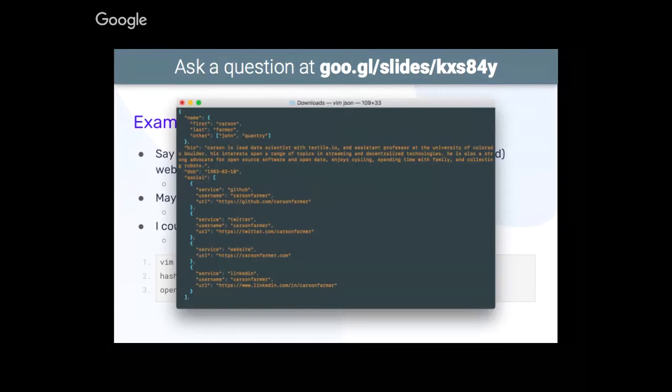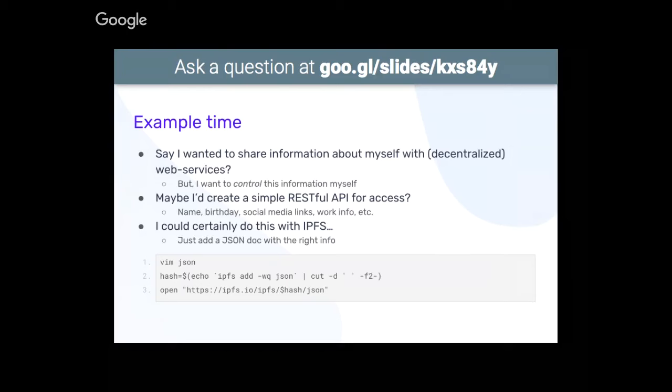It might look something like this, where I've got name, first, last, and other. I've got a bit of a bio about myself, my date of birth, some social media links like my GitHub, et cetera. Down lower, I might include work information and things that I'm willing to share with an online profile. And then I can add this file to IPFS.